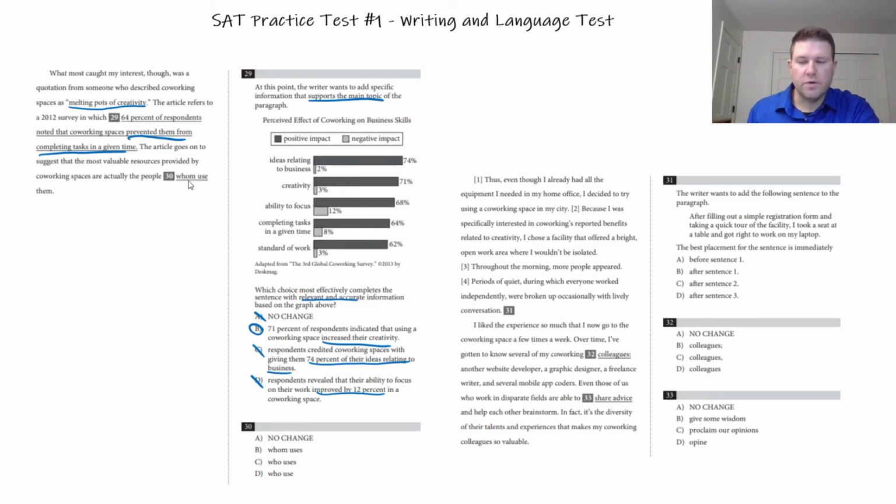30 deals with who versus whom, and this is a really popular issue for kids, but you can use this sort of quick and dirty trick where you just ask yourself if the person in question is doing the verb or if the verb is happening to that person. So in this case, let me use an example before getting over to this here. Let's say you were saying, who hit the ball?